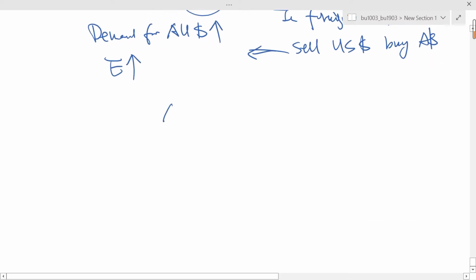That's the intuition. Let me be more precise. Suppose we know Australia and US today. In Australia, the interest rate is I, and in the US it is I star. And we know the exchange rate: 1 Australian dollar can exchange for E US dollars.